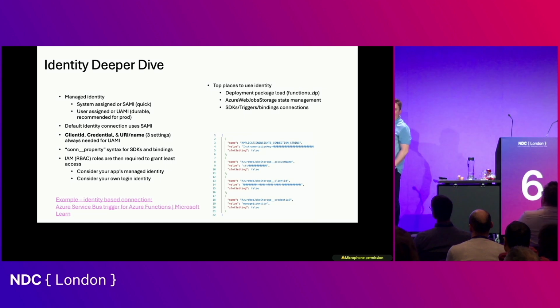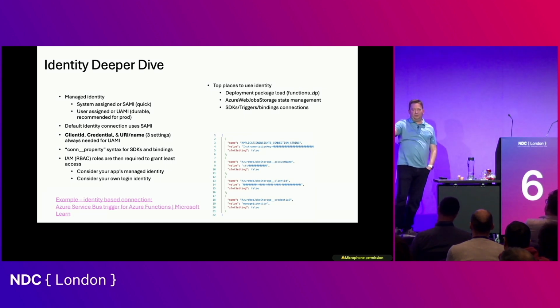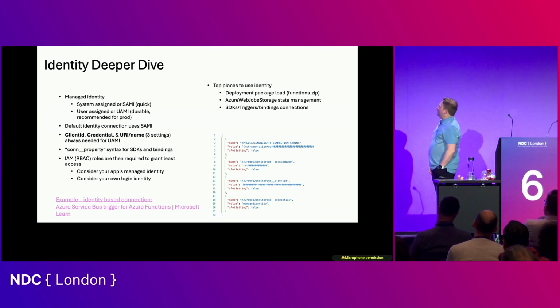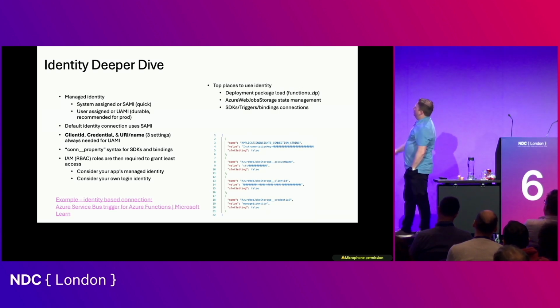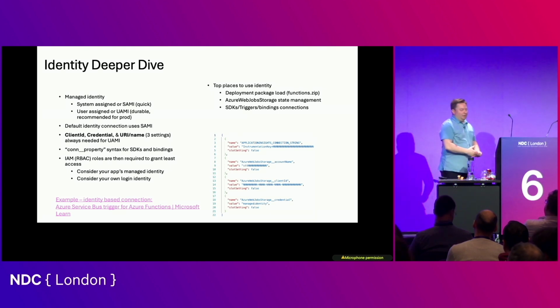The client ID is the thing that maps to your identity, that disambiguates which identity you want to use. So just be careful about this one. If you want to use default identity, remember it's system-assigned. If you want to use a particular one, always set that client ID, and it's going to reconfigure what your default identity is.